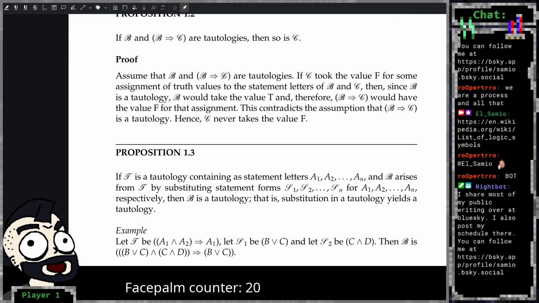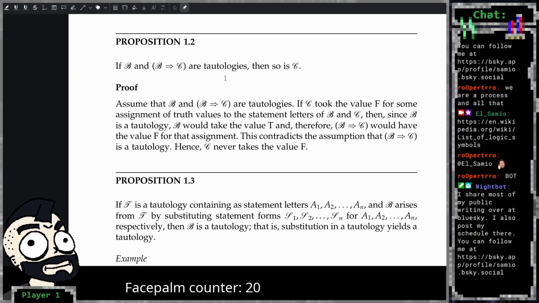Okay, proposition 1.2. If beta and beta implies chi are tautologies, then so is chi. This is huge. So, what was our definition of logical implication? That every truth assignment that made beta true also makes chi true.